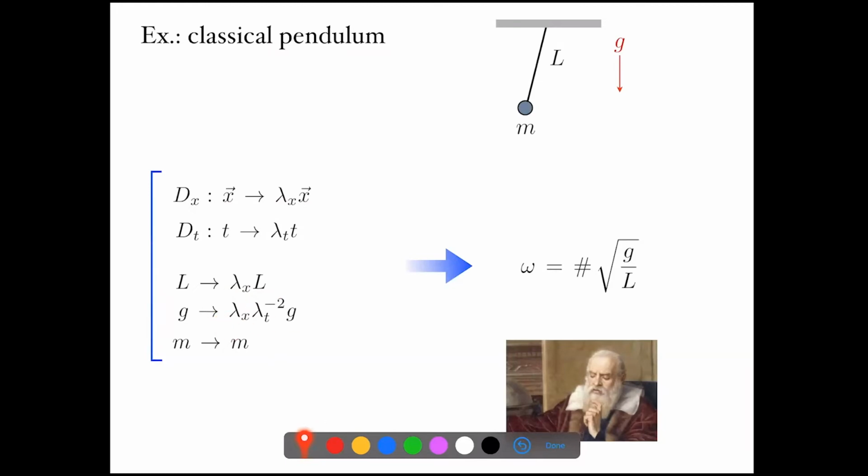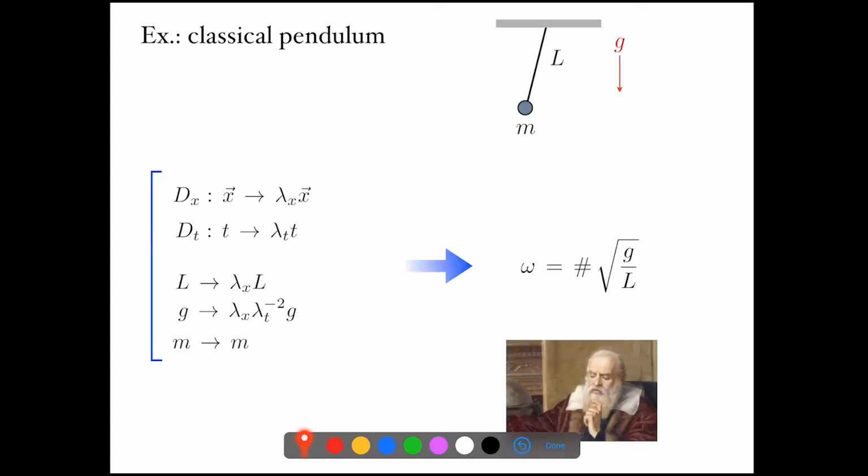If you do this transformation, and you don't rescale the mass, the action of the pendulum is invariant. And then when the action is invariant, you consider the equations of motion, and all the consequences of the equations of motion have to be covariant.